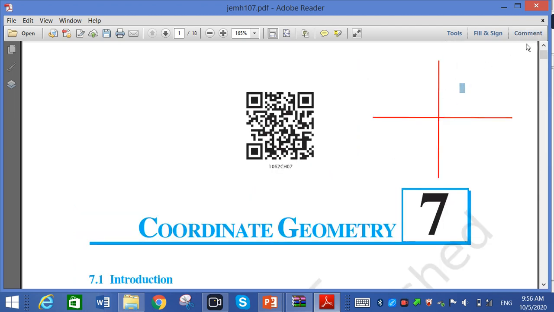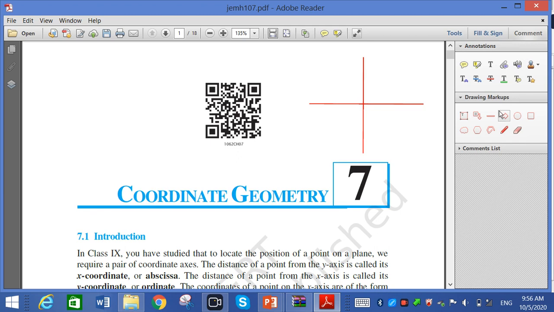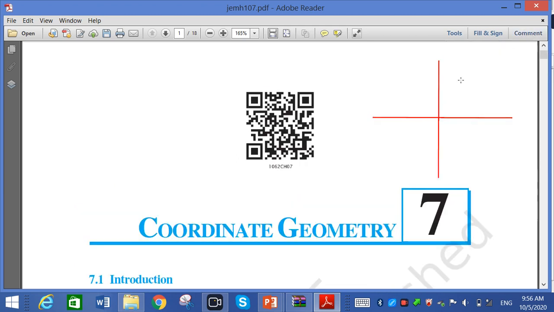What are x and y here? Here x and y are plus, plus; here minus, plus; here both minus; and here plus and minus.